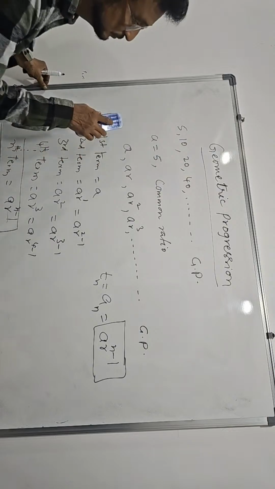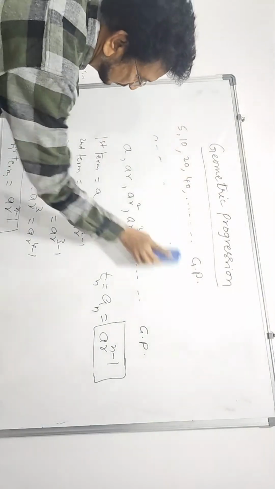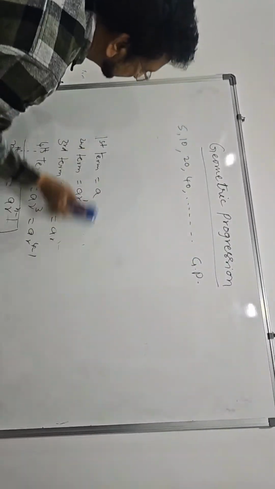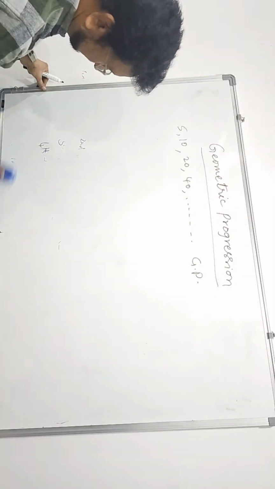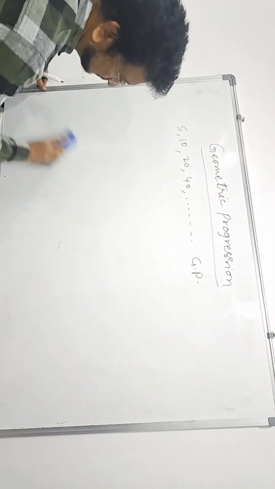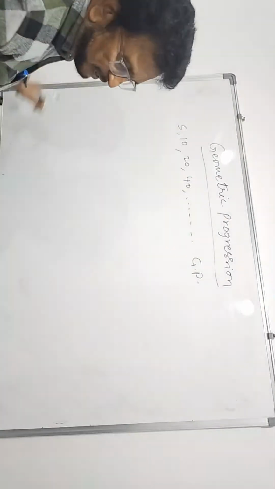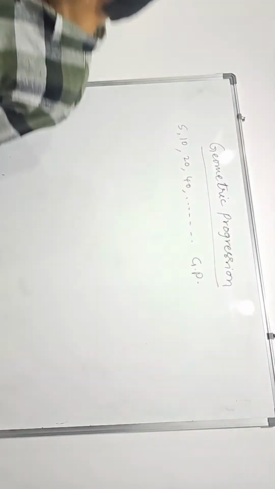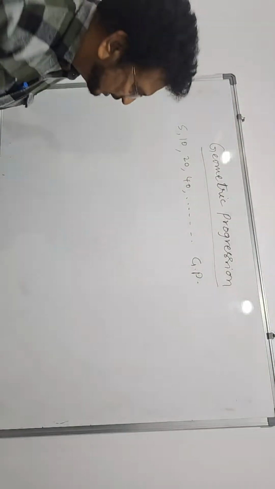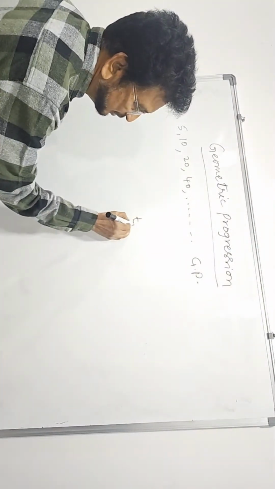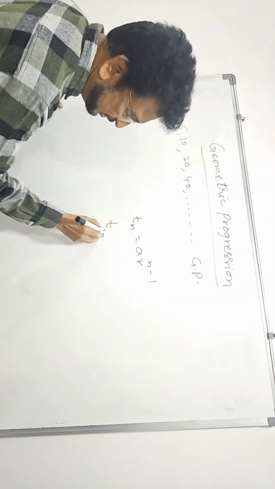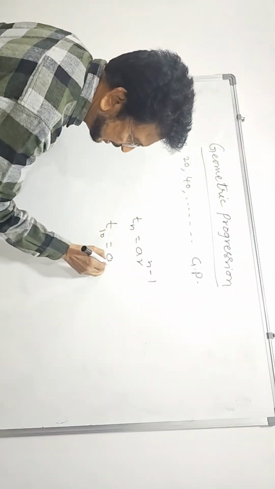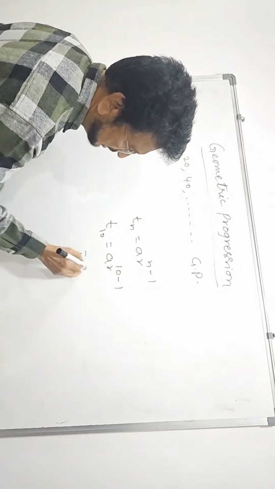Nth term of GP is AR power n minus 1. Suppose I am asking for the 10th term. 10th term means AR power 10 minus 1, which means AR power 9.